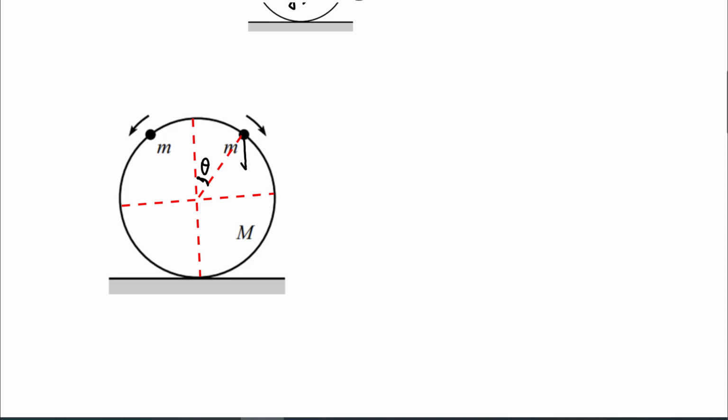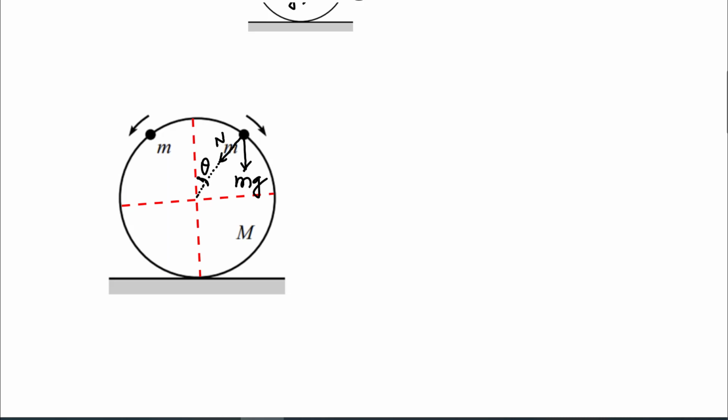One force that will act in the downward direction is mg. Another force is the normal reaction. So basically the bead is trying to push this hoop in this direction. So the normal reaction on the hoop is in this direction, but the normal reaction on the bead, from Newton's third law, will be in this direction. So this is the normal reaction on the bead.